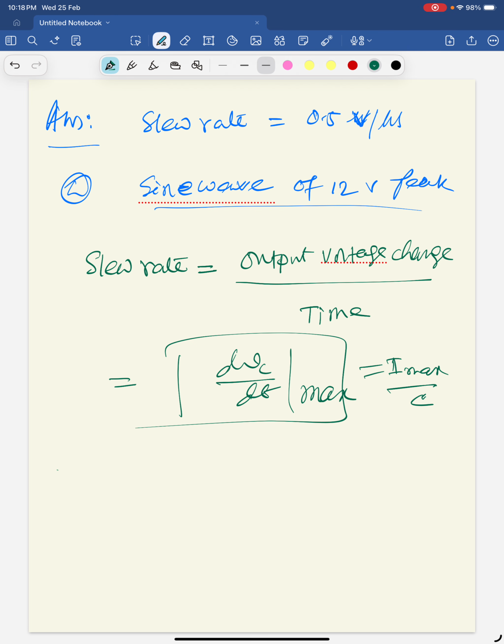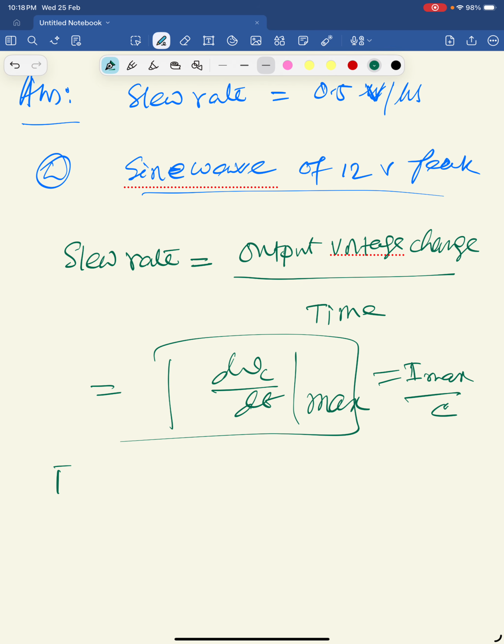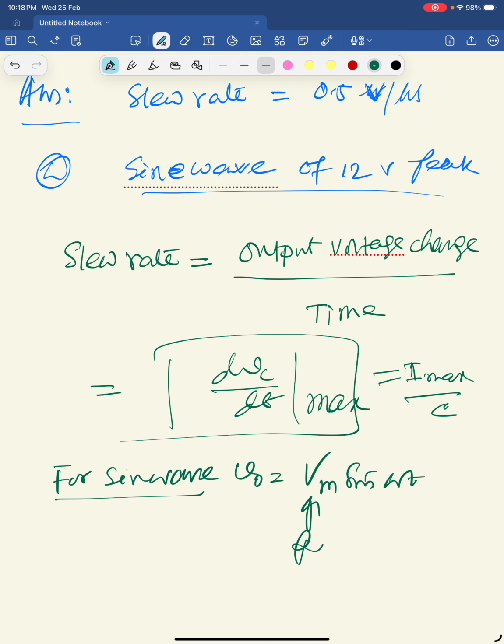Now as you mentioned, for the sine wave, suppose V0 is equal to Vm sin omega t, where Vm is the peak voltage, omega is the frequency, t is the time. So that is the case. Now we have to find out dVc/dt or dV/dt, that is the rate of change of output voltage.